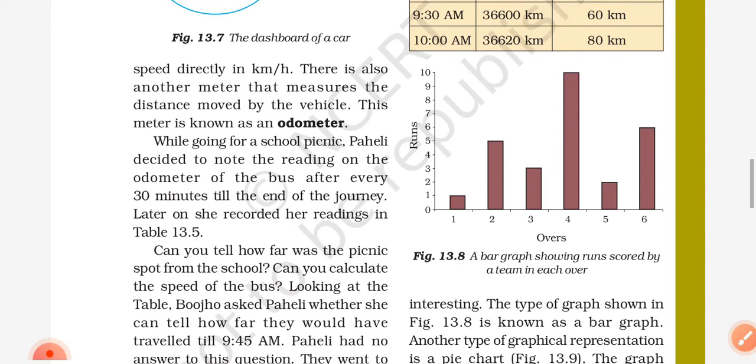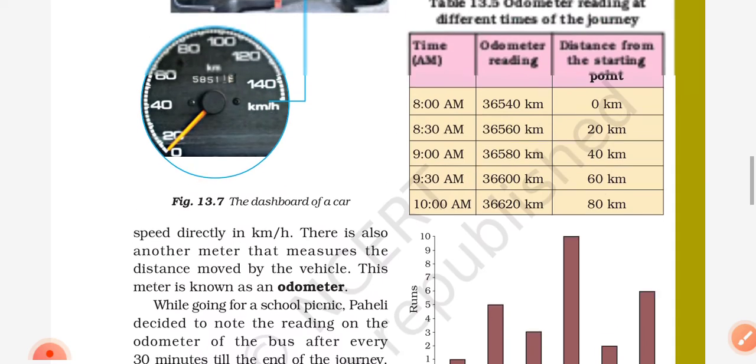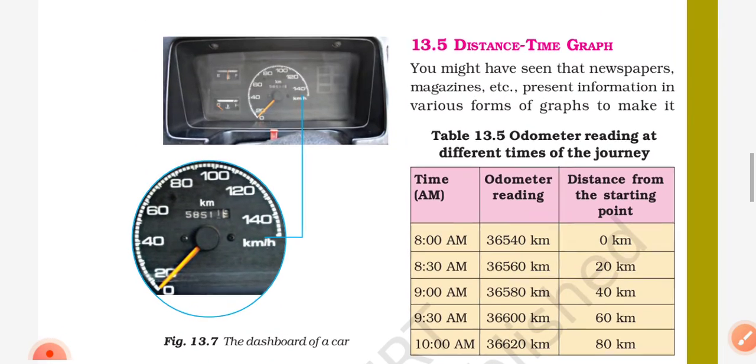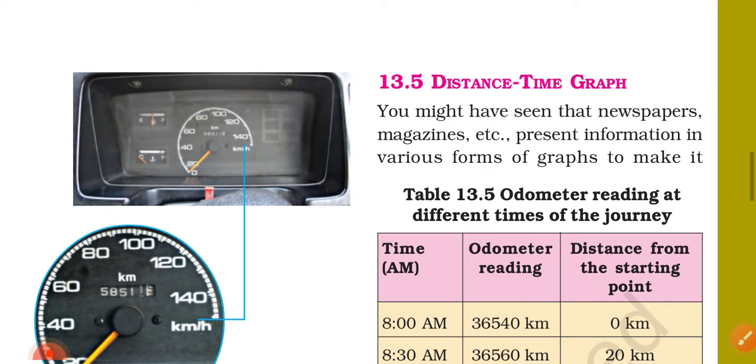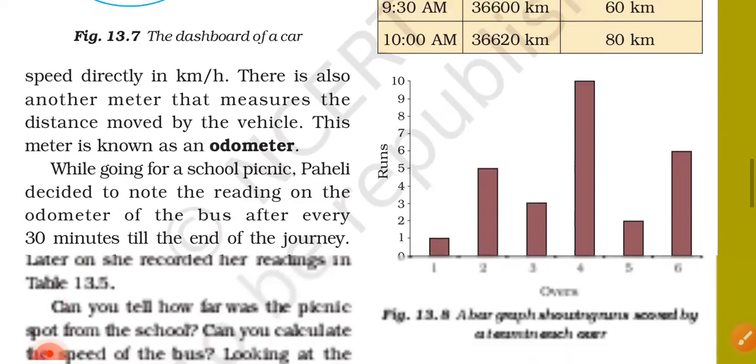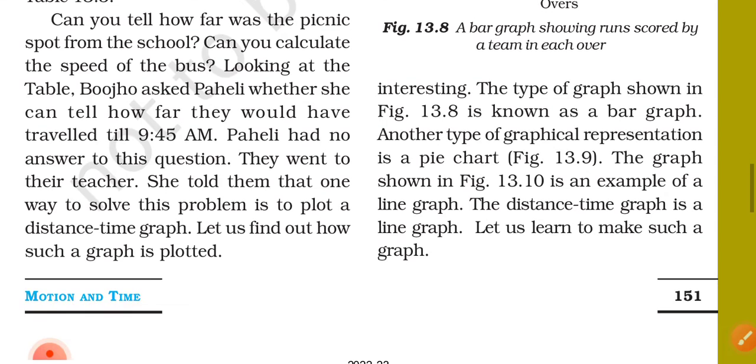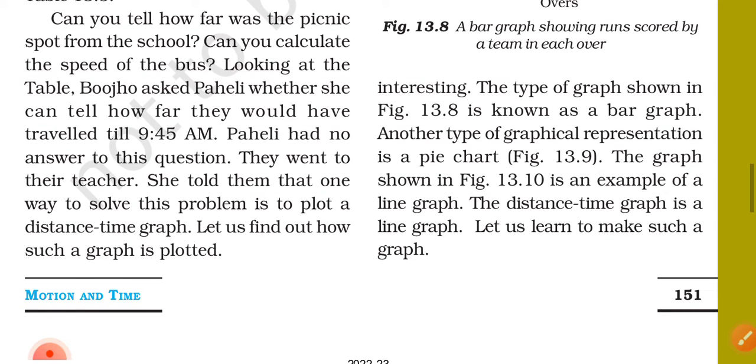Figure 13.8, a bar graph showing runs scored by a team in each over. Distance-time graph. You might have seen that newspapers, magazines, etc. present some information in various forms of graph to make it interesting. The type of graph shown in Figure 13.8 is known as a bar graph.